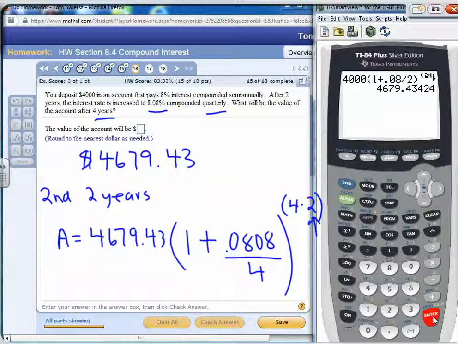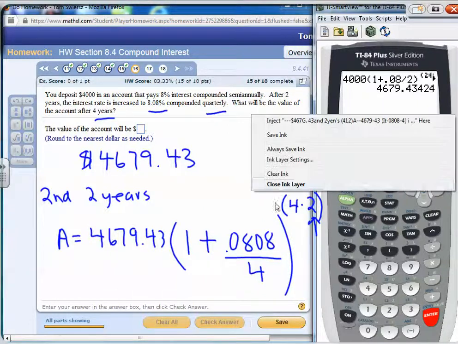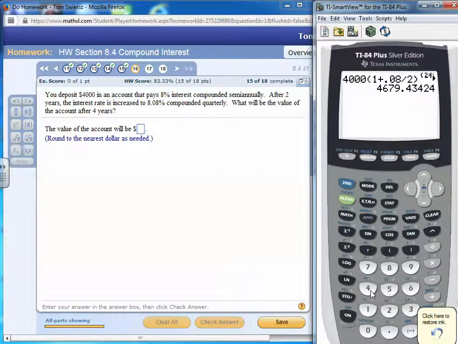This is the second 2 years. Again, we're starting out with a principal of 4679.43. We'll keep the cents to be accurate. Then the formula is 1 plus the rate, which is now 0.0808, quarterly so divided by 4, raised to the n is 4 times the last 2 years.